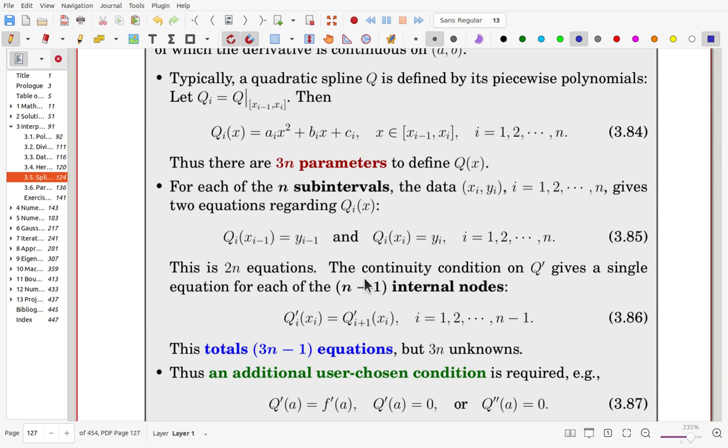Given our nodal points, if this is q_i and then q_{i+1}, then its derivative at x_i must be the same, so that q_i prime at the right end point of the ith interval and q_{i+1} prime at the left end point of the (i+1)th subinterval must be the same at x_i. This derivative continuity condition will make n minus 1 equations, because we have only n minus 1 interior points.